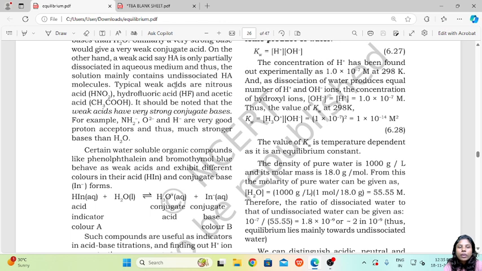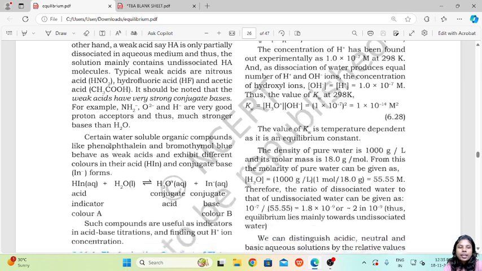So now if we look at these acids, these are typically weak acids, but the minute they dissociate and give away their proton, they will form NO2-, F- and maybe CH3COO-. These are known to be very strong conjugate bases because their corresponding acids are weak.